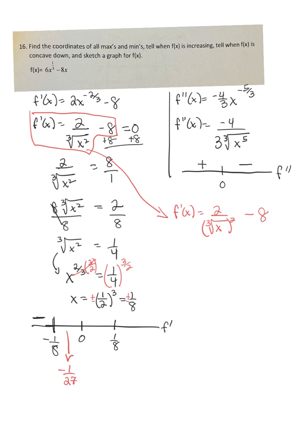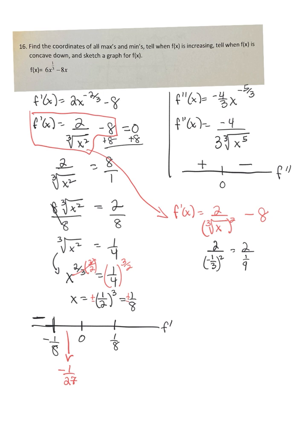So I'm going to write this math for you just so you can see it. So I'm going to have 2, and then we took the cube root of -1 over 27, and that's -1/3. And then we're going to square that. So that's going to be 2 over +1/9, right?